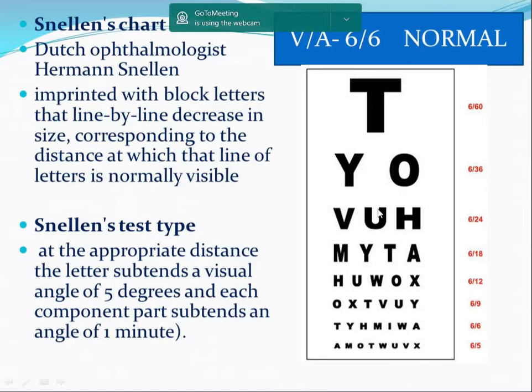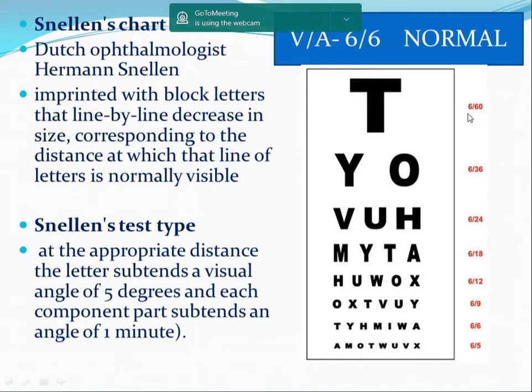And how is the decrease? It corresponds to the distance at which the line of letters is normally visible. That means your visual acuity is represented in the form of a fraction in which the numerator stands for the distance at which the person is being tested, and the denominator stands for the distance at which this particular font can be viewed by a normal person.